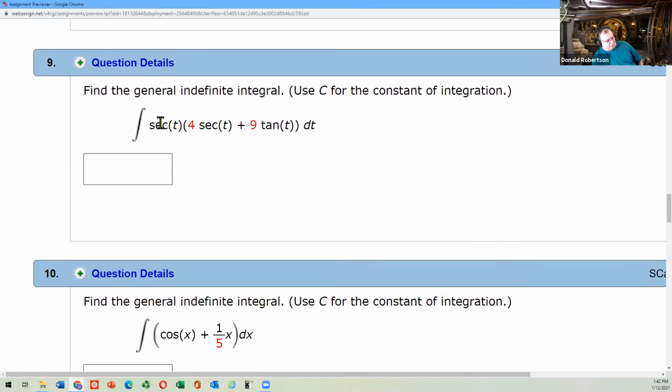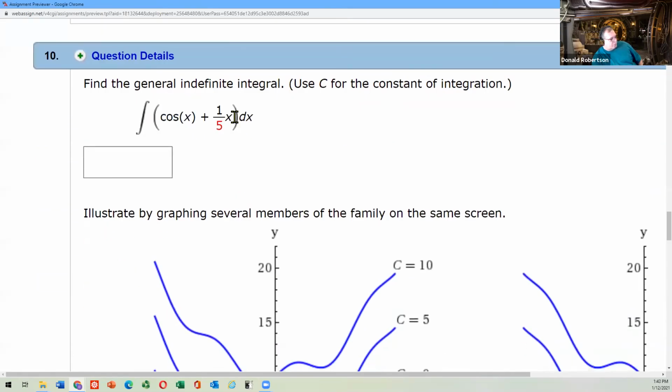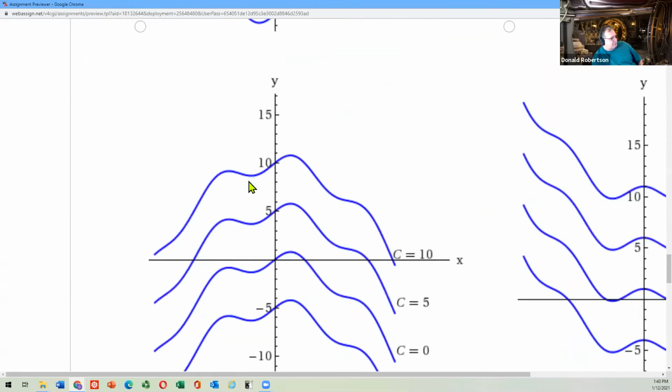Question 9, multiply that out, and you get some nice guys that are in your standard integrals. You get a secant squared and a secant tan. Would you agree this one is just basic? That's a sine x, and isn't this a power rule? Right, nothing special. Nothing to see here.